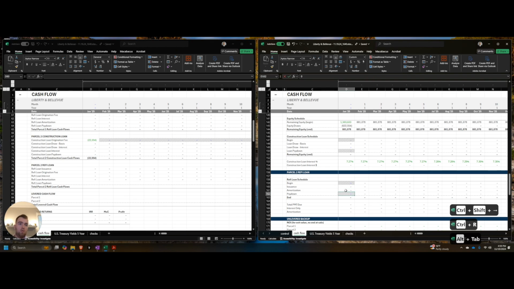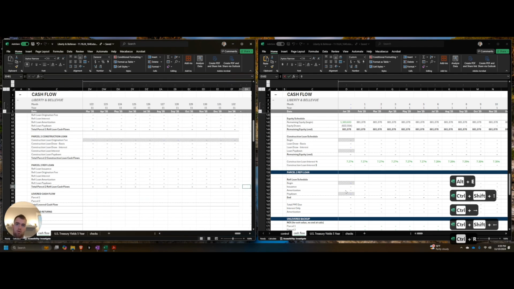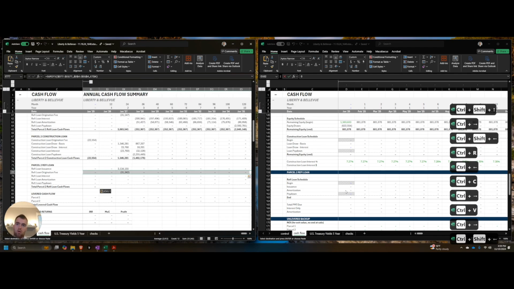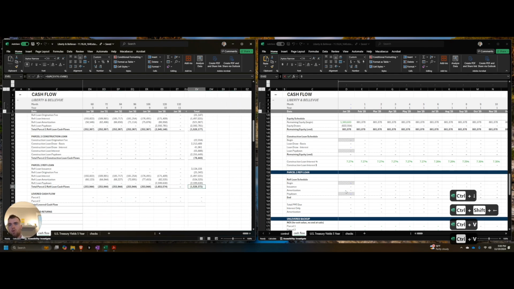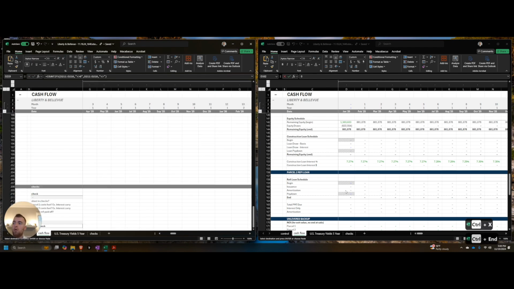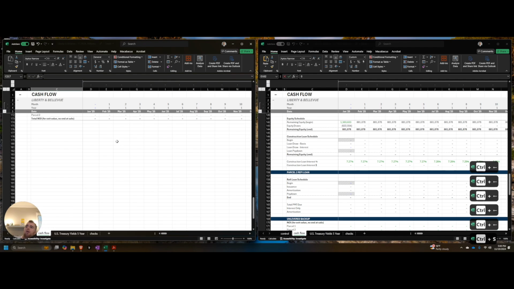Paydown will be that. Just making sure that parcel 2 refi is paid off.